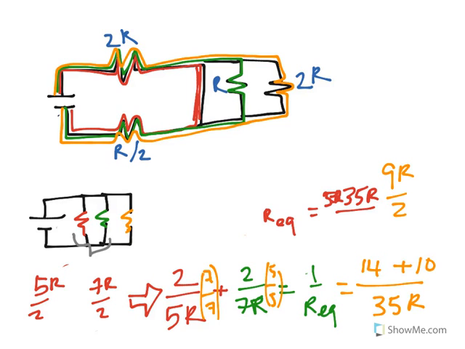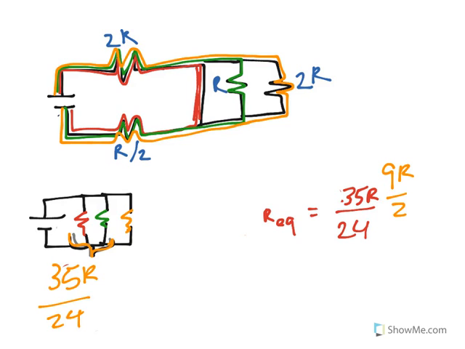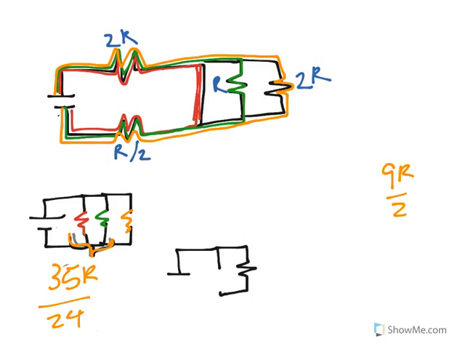35R over 24. Let me rewrite that all so it's a lot easier to keep track of what our values are right now. So the total resistance for this section is 35R over 24, and that means that we can simplify our circuit even further. So we only have 2 resistors to worry about.